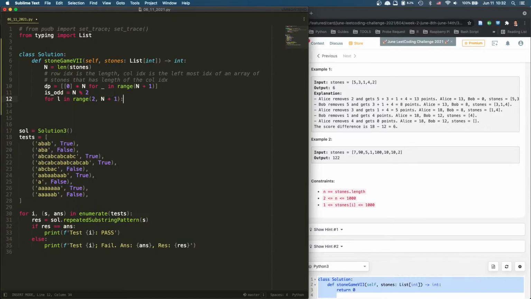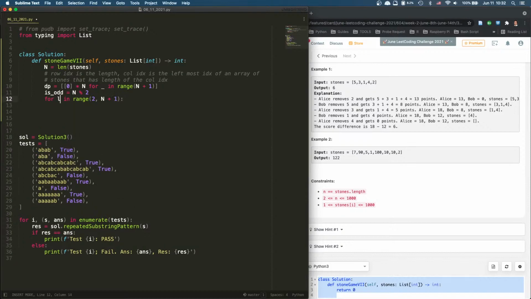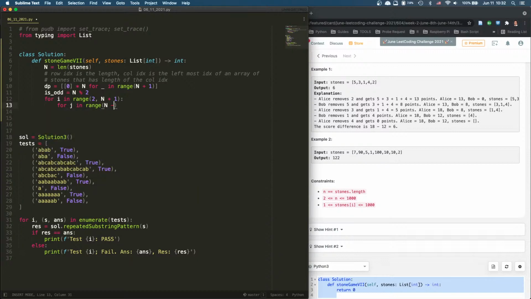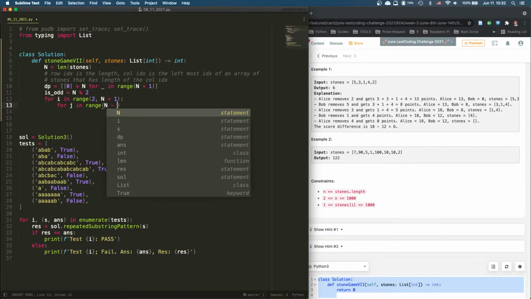Okay, now we're gonna say for L in range from 2 to n plus 1, 2 to n, right? That's the i. Let's do i. This is the row, which is the length. And then for j in range from 0 to n minus i. Hold on, is it n minus i?